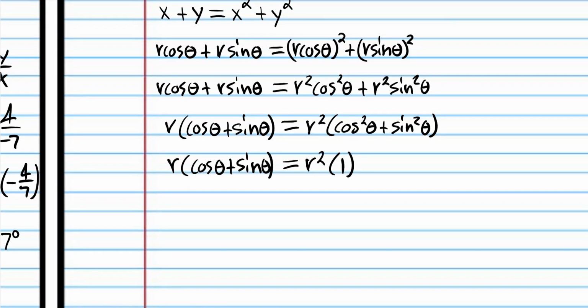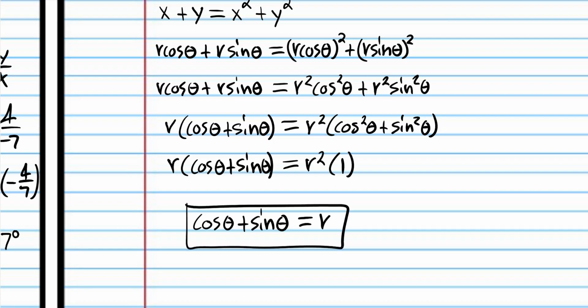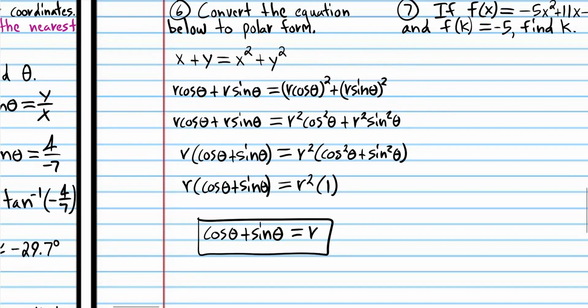Okay, so now we're going to go ahead and divide both sides by r, and we're left with the same thing that we got by dividing in the first step. So that is the equation in polar form.